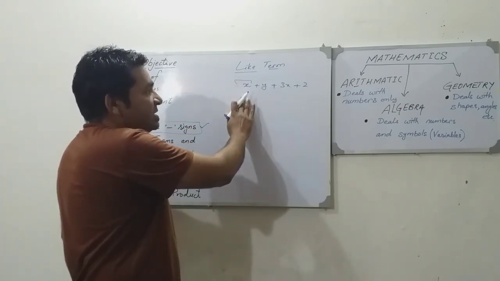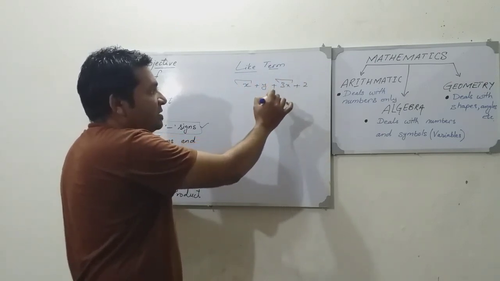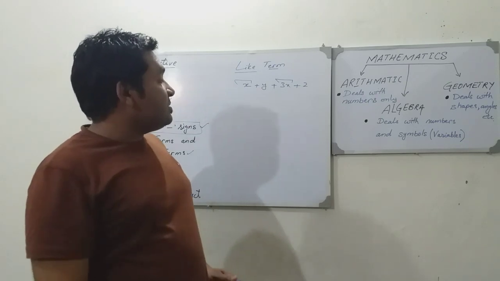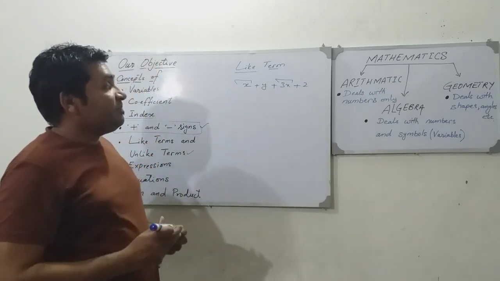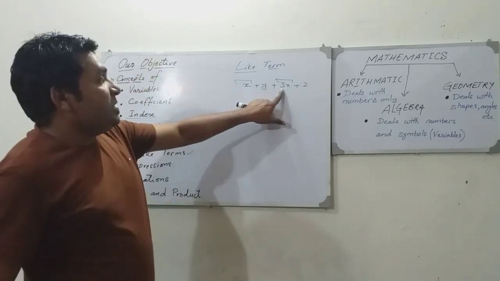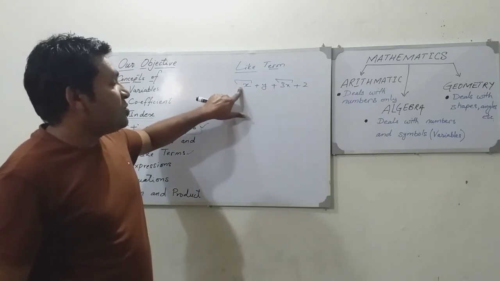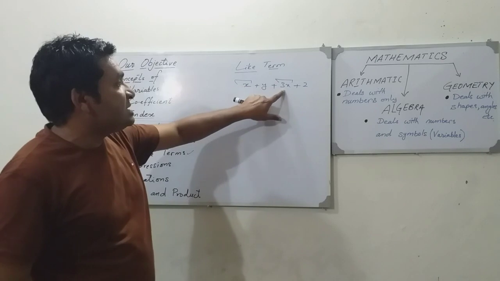I have x here, 3x here, so these are like. And okay, now you can see that here we have no number.